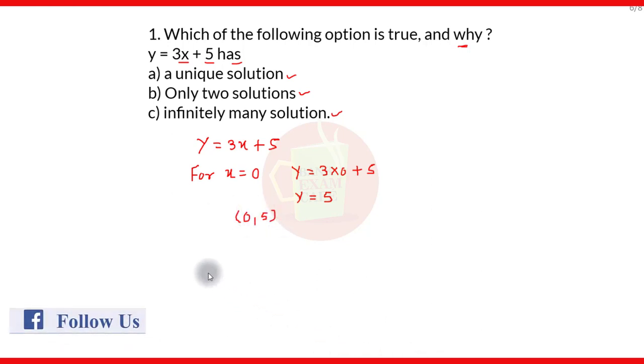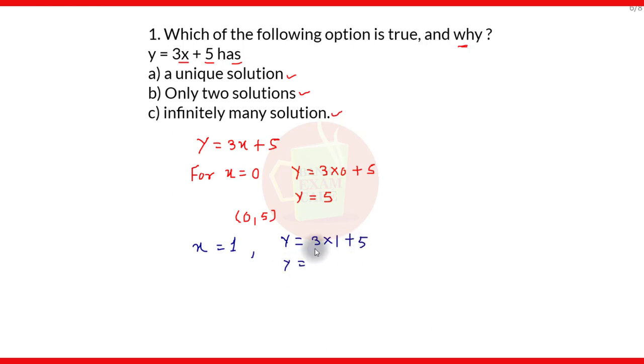Now we will take another number. You can take any number; we will take x is equal to 1. For x is equal to 1, y is equal to 3x plus 5, that is 3 multiplied by 1 plus 5. 3 ones are 3 plus 5, therefore y is equal to 8.